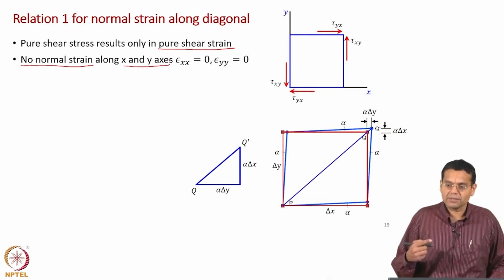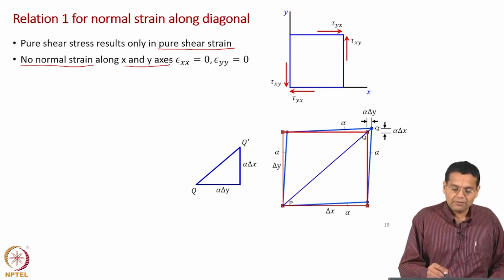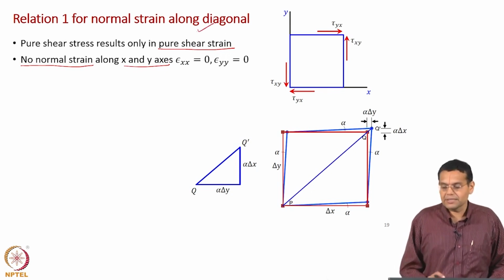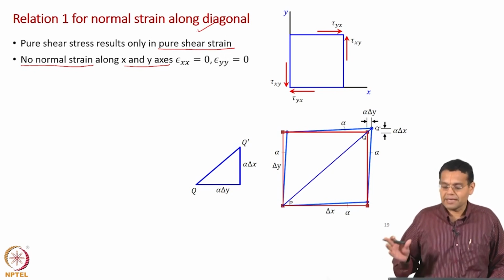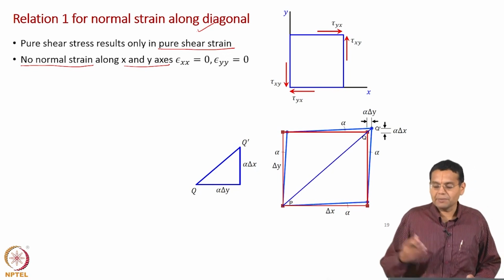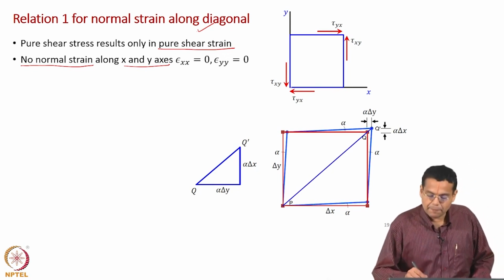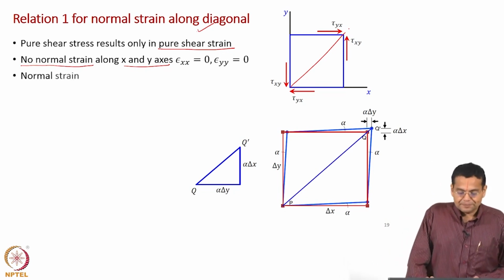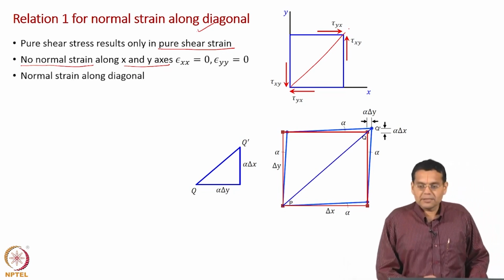There can be normal strain along other directions. For example, there is normal strain along the diagonal. That is the meaning of these statements.